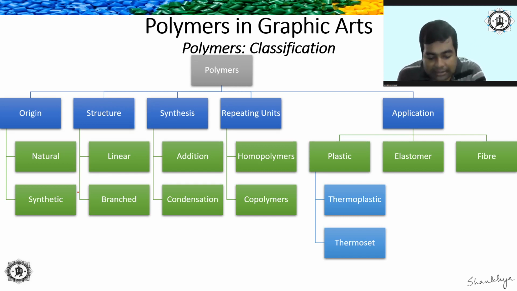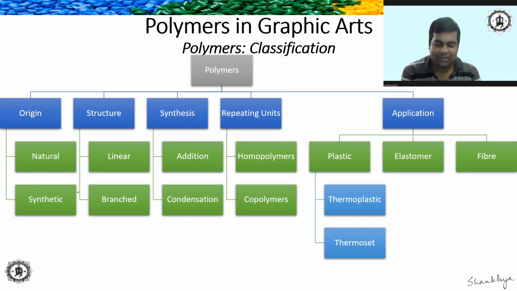How polymers are classified and why they are classified in such a way, this is actually quite interesting and quite important to understand. Based on the source or the origin, they are classified into natural and synthetic polymers. So here, before we move any further, can you name any two natural polymers that you know of, and any two synthetic polymers that you know of?